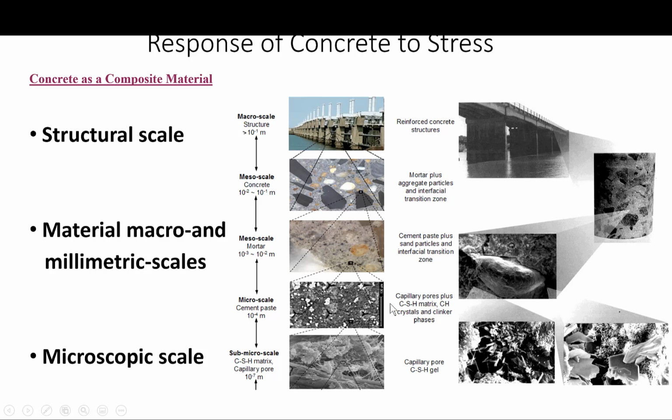What you will see are the capillary pores plus the calcium silicate hydrate matrix, calcium hydroxide probably, and some clinker phases. This is the sub-micro scale, basically 10 to the minus 7 meter. What you see is the calcium silicate hydrate matrix and the capillary pores, maybe the calcium sulfoaluminate hydrate phases, which we talked about during the hydration lectures.